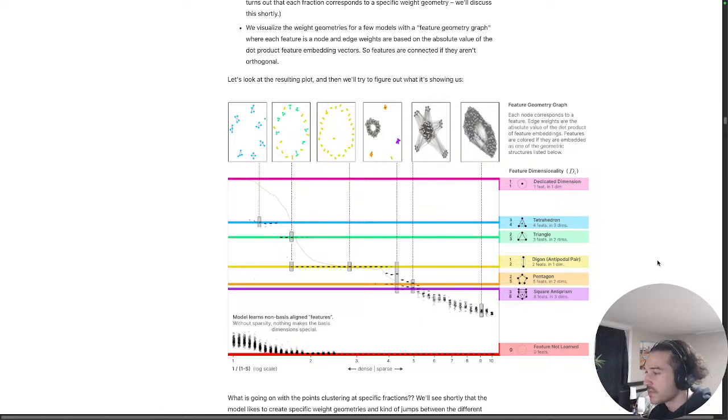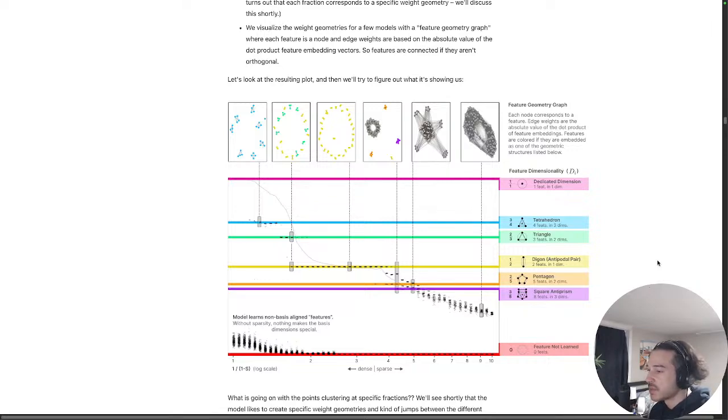So you see in this same descending plot, which stalls at 1/2, the dedicated dimension is just a dot. The tetrahedron, 3/4, 4 features in 3 dimensions. The triangle. And as the sparsity increases, features tend to be embedded as these geometric structures. The model learns non-basis aligned features without sparsity.